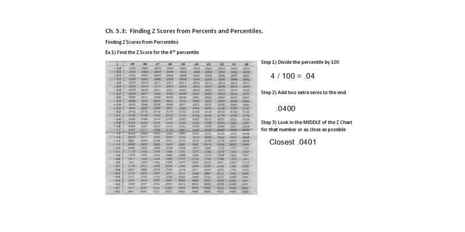It is right over here. That's about as close to 0.0400 as you get. And if you extend across and up, you're going to find that the z-score is equal to negative 1.75.